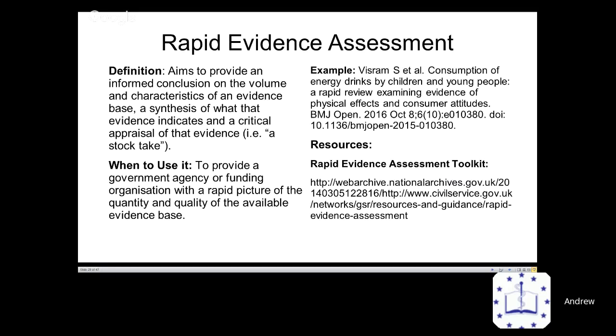So we were asked to look at the effect of pricing of alcohol on crime. So if you make alcohol cheap, does that lead to more crime? The government wanted a clear picture of not only what the evidence base looked like, which would have just been a mapping review, but also what the evidence says. They wanted this done within a short time period.